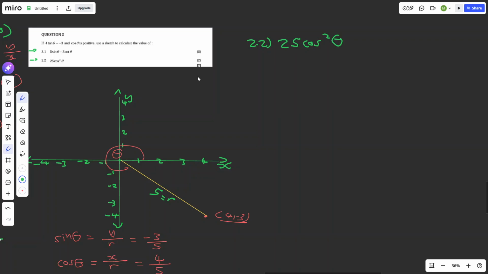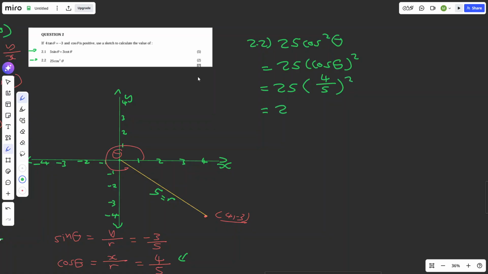So now, let's see here. This is basically equal to 25, then we'll have cos of theta squared. So I'm just rewriting it, okay? So now here, what I'm going to do is replace the cos theta with this value here. So that is 4 over 5, and that is squared.